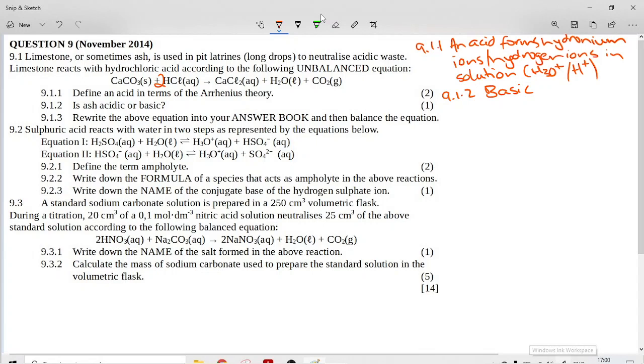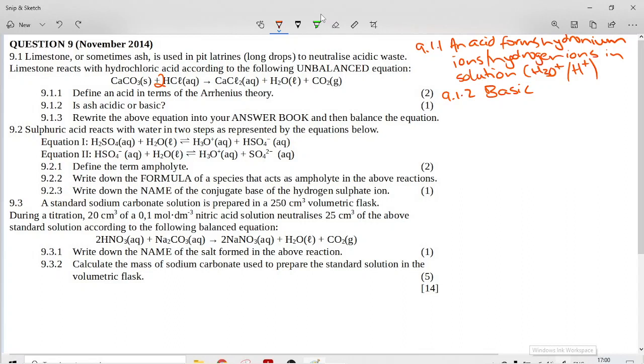And now there's 2 hydrogens on the left, 2 hydrogens on the right, 1 carbon on the left, 1 carbon on the right, 3 oxygens on the left, 3 oxygens on the right. So in the memo, they've chucked a 2 in here, but no, the 2 does not belong in there. It's just 2 hydrochloric acid goes to calcium chloride.